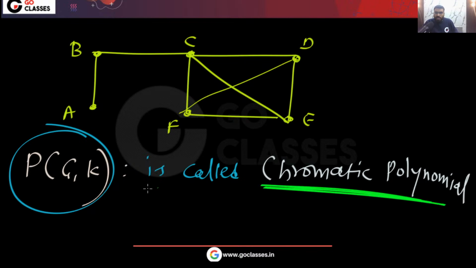Remember, this is called the chromatic polynomial of graph G with respect to k colors.